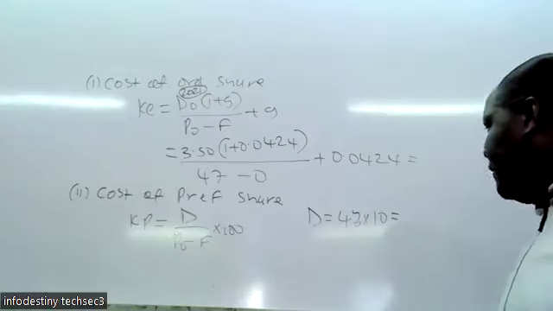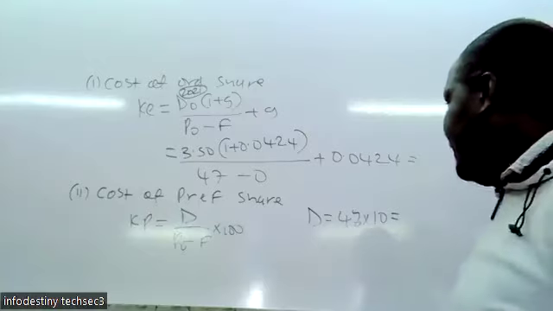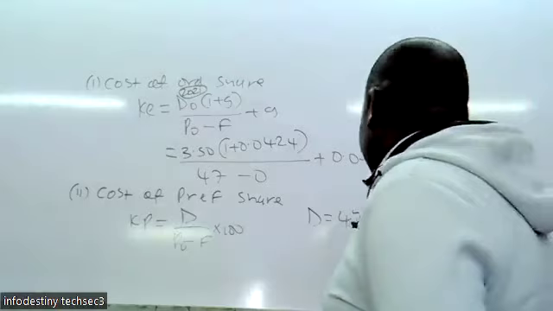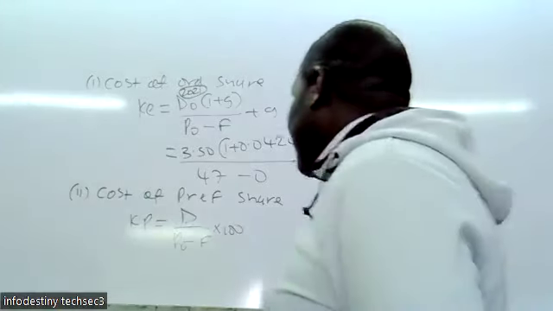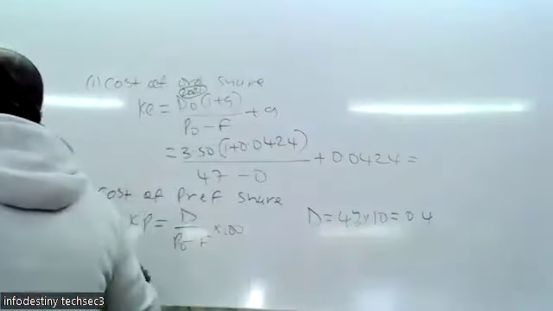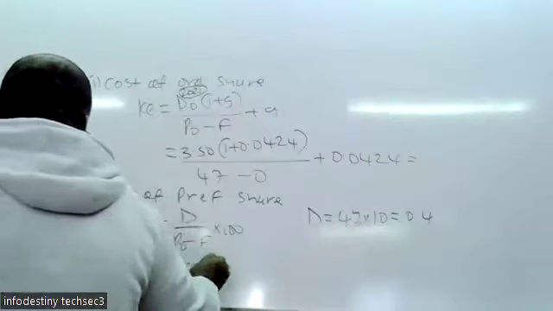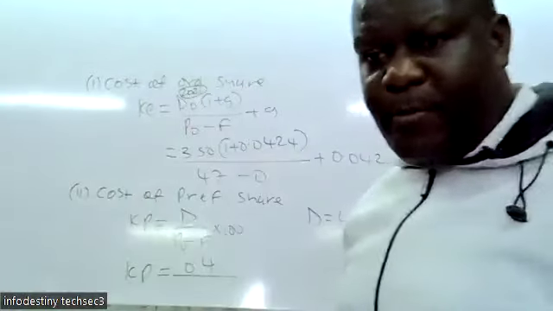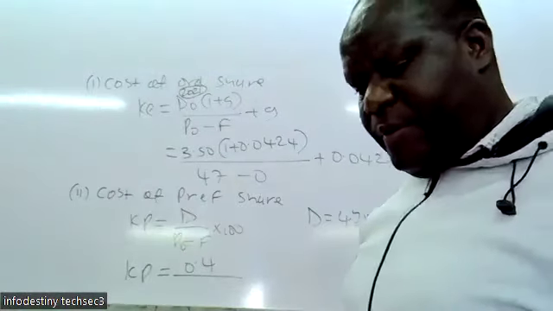So 4% of 10 is the same as 0.4. So now you get Kp, which is 0.4 divided by P0.